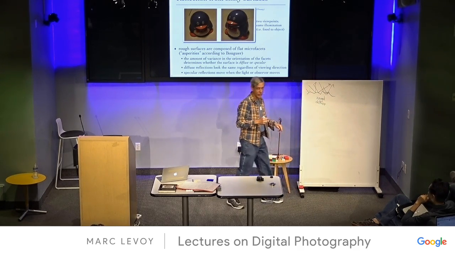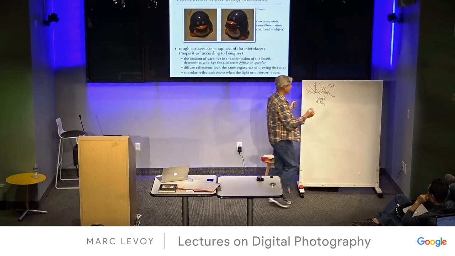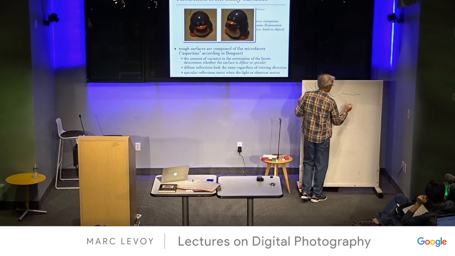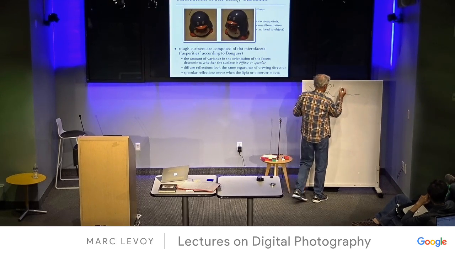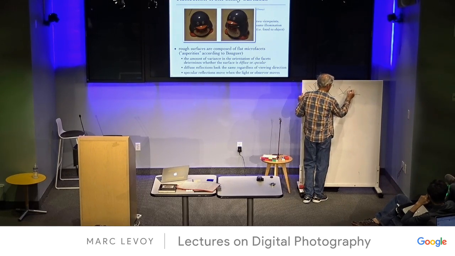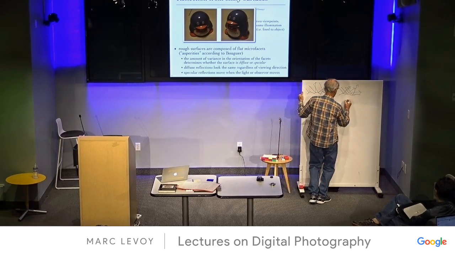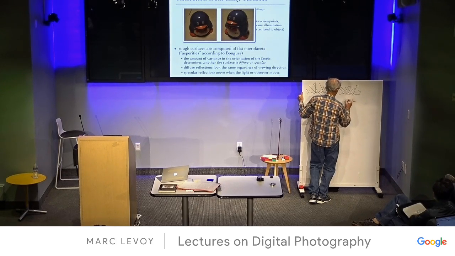If you began to polish that surface so that the asperities or the microfacets were a little bit shallower, then most of the light will be reflected sort of in the mirror direction, but there'll be some variation. And you can call that a specular or shiny surface.